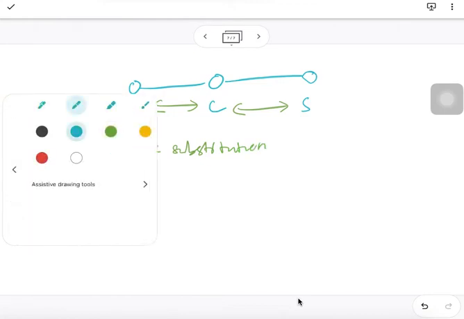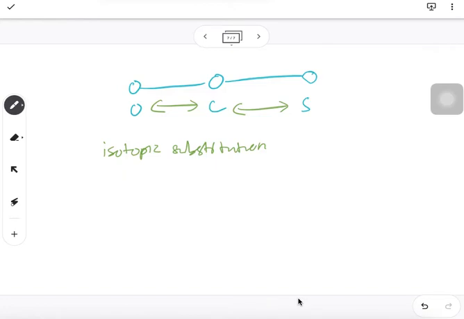For example, oxygen can be oxygen-16 or oxygen-17, carbon can be carbon-12 or carbon-13, and sulfur can be sulfur-32 or sulfur-34.